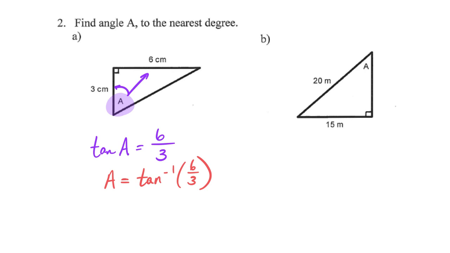There is your button pushing sequence. You now need to go through and calculate that. So we're taking the inverse tan of 2 or 6 divided by 3. You now give me that A is approximately 63 degrees, and you are good. Remember, we're rounding to no decimal places.